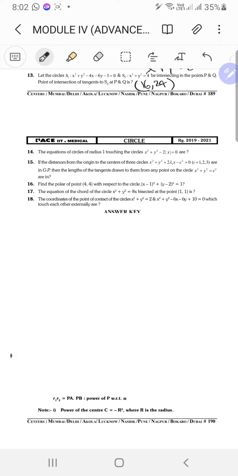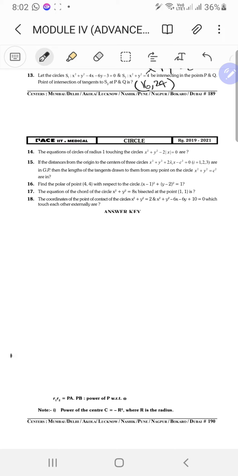How are these two circles? That's weird. Okay, so should we take two cases in that case? Circles of radii 1. I really didn't get the problem. What are we being asked?